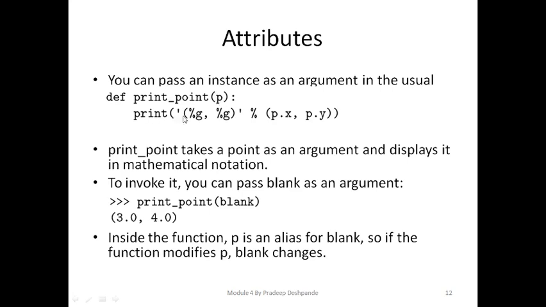Okay, we are printing percentage d percentage p dot x comma p dot y. So this is how we can access. So print point is a function here which takes the argument as the object. Okay, so print point blank, if you pass, it will display 3.0, 4.0.